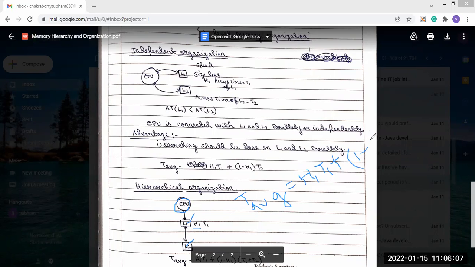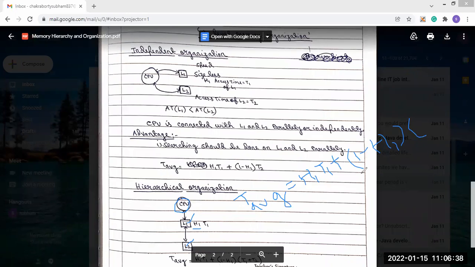Because, as you have seen with the two concepts of head and tail in probability, the total is considered as 1. So if the data is not found in the L1, that means a miss has occurred, and the miss concept will be 1 minus H1.